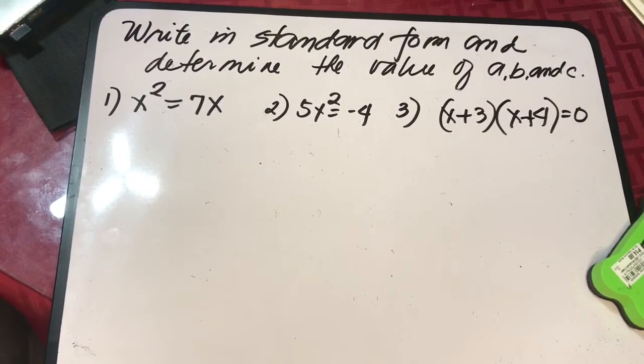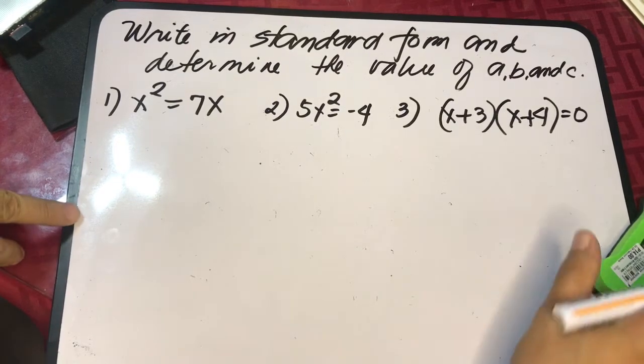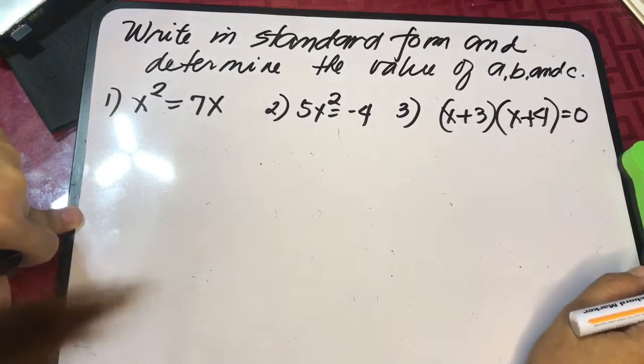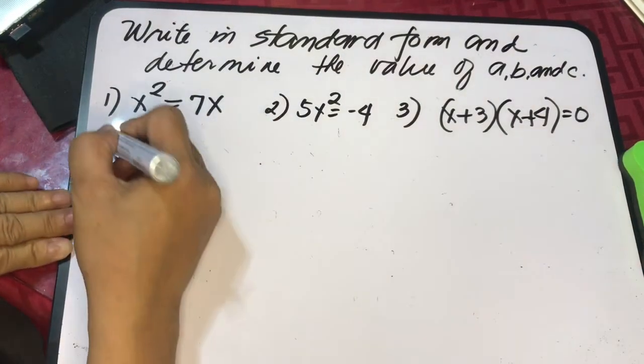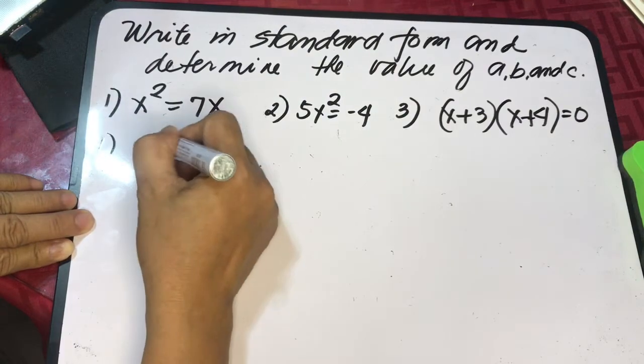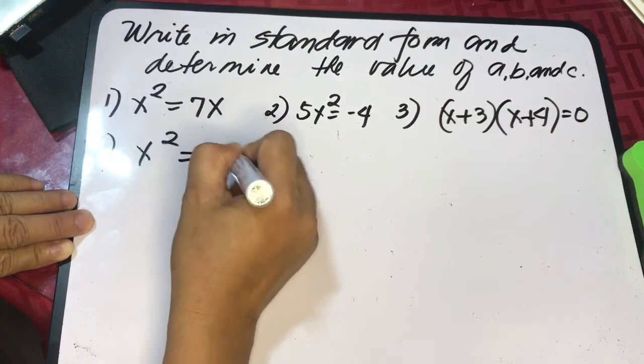Okay, let's try this. Write in standard form and determine the value of A, B, and C. So number 1, you have x squared is equal to 7x.